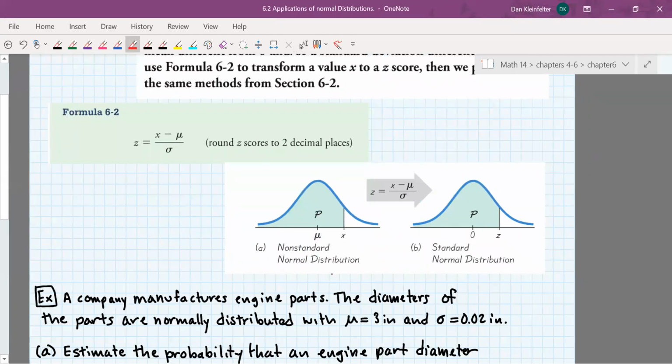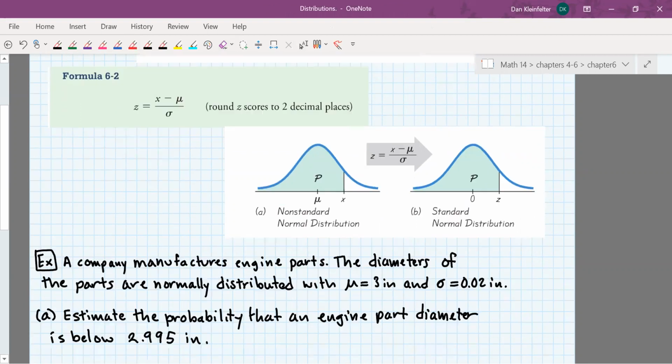So this transforms from a non-standard normal distribution to a standard normal distribution. We'll use this z-score formula to turn the numbers in whatever problem we're working on into the standard normal distribution, and then we'll look up values in the table.